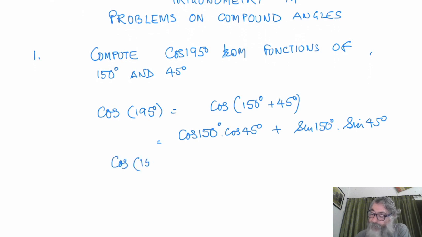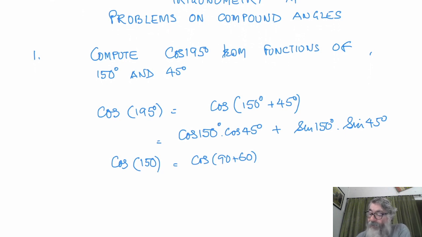cos 150 can be written as cos 90 plus 60. Now, cos 90 plus 60 will come into the second quadrant. And since the transformation is taking place along the vertical line, that means we are using odd multiples of 90.